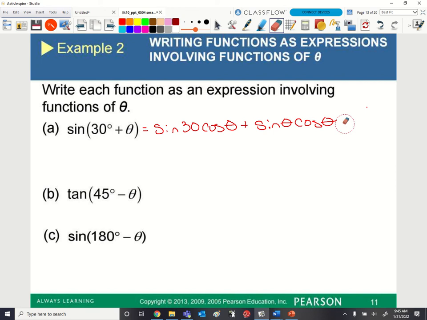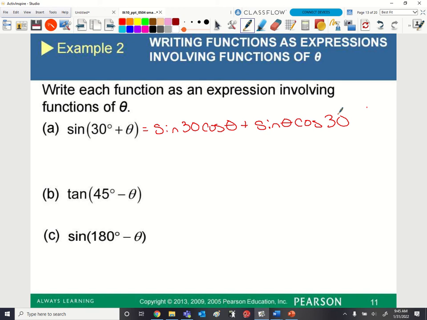Since 30 is a value that we know, sine 30 cosine theta, I don't know that one, but we can figure it out. We're just writing an equation, plugging it in and then plugging in the values that we know.